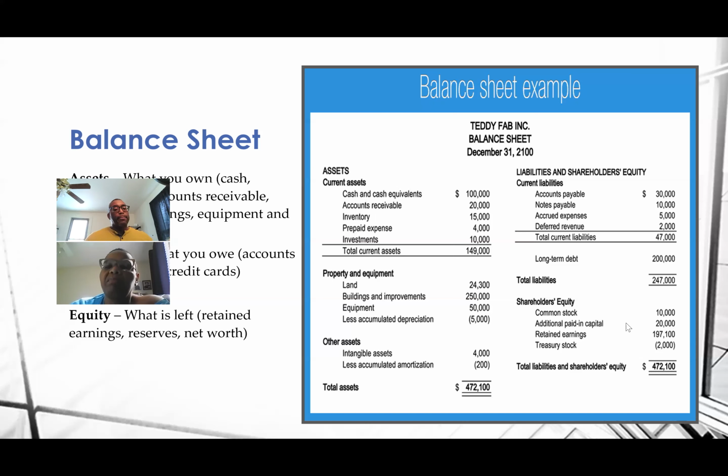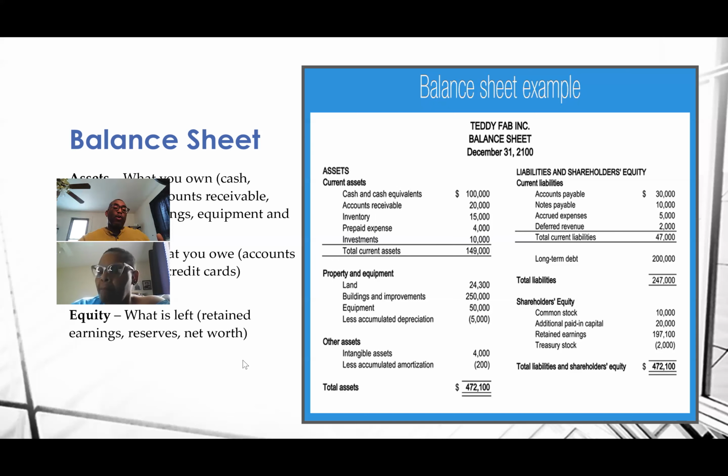And that's good. So you always want your equity to be positive. When your equity becomes negative, that's when you're losing money in your business. So if this equity amount is a negative, that's not good. That means your operations is running losses, and so you have more liabilities than assets.